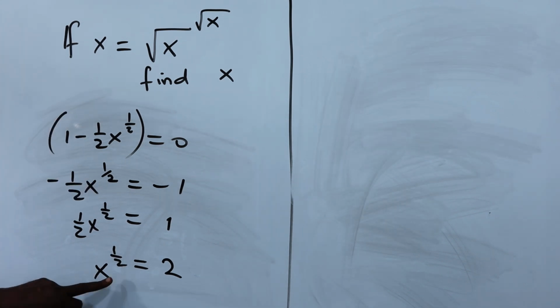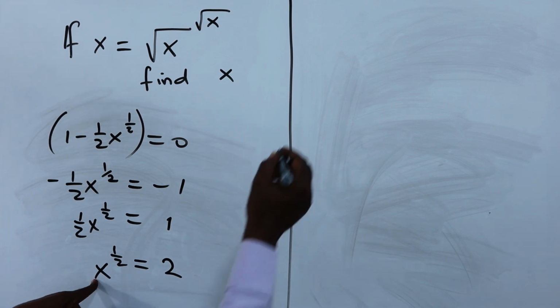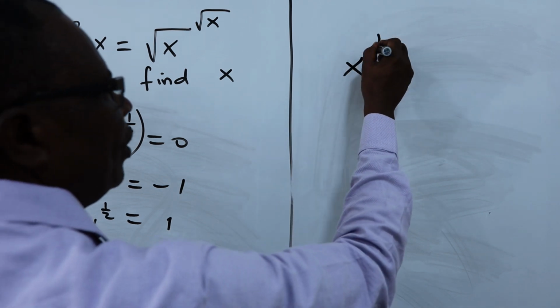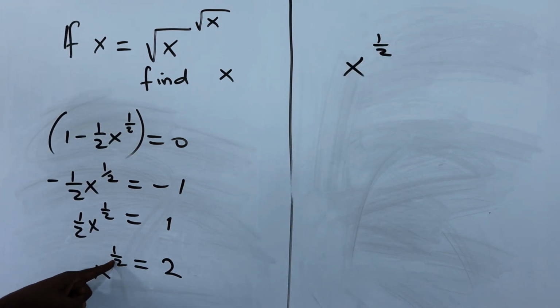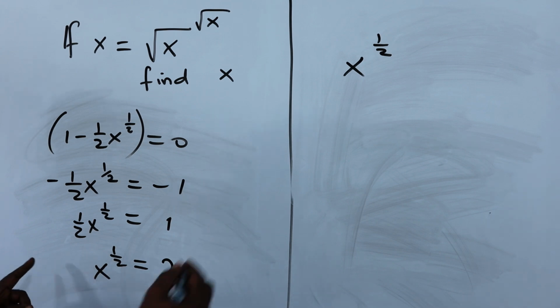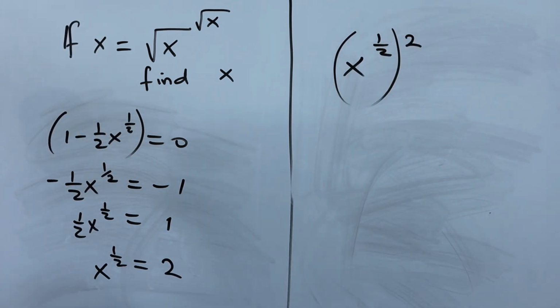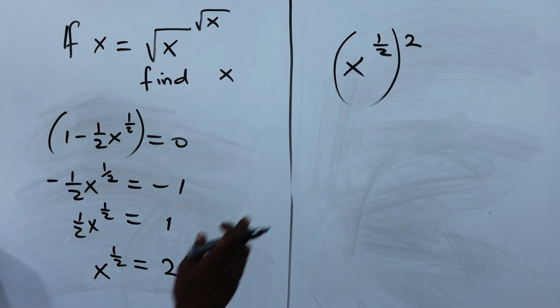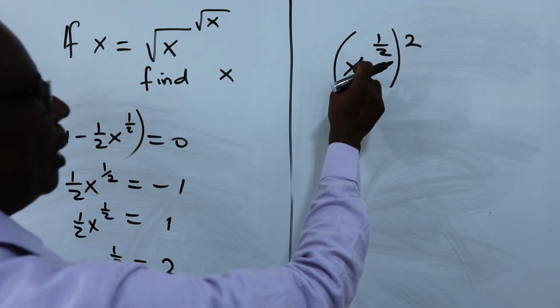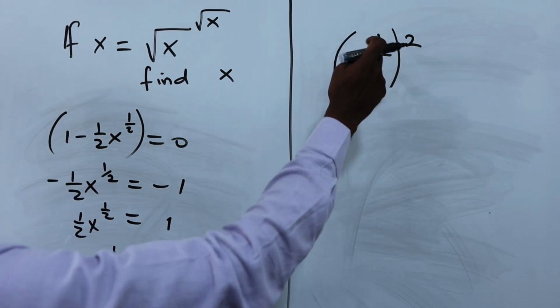But we are looking for x. So if x raised to power half is equal to 2, how do I get x? It means that to get rid of this power of half, I multiply the whole thing to the power of 2. That is, I take a power of 2 to be able to remove this power of half.